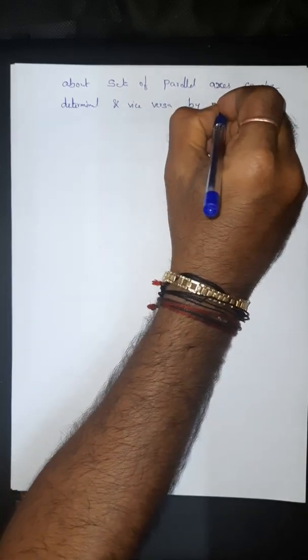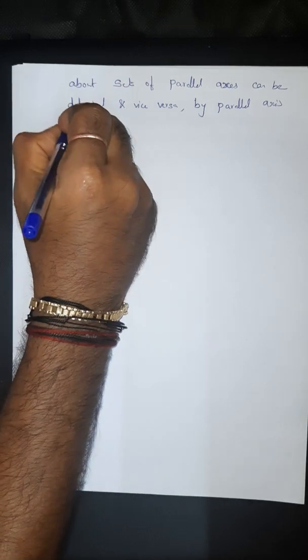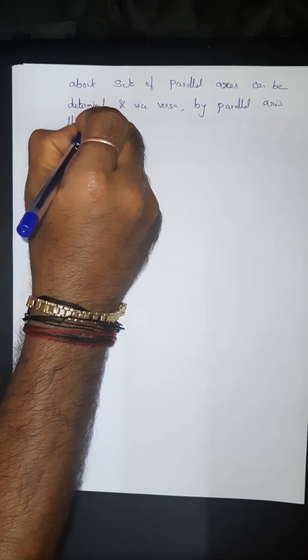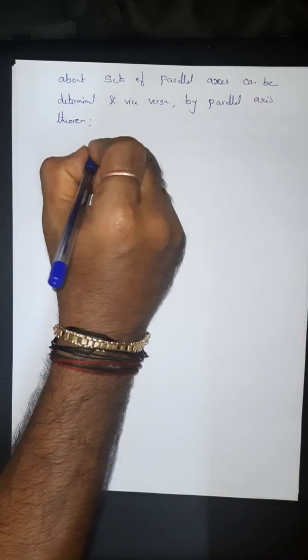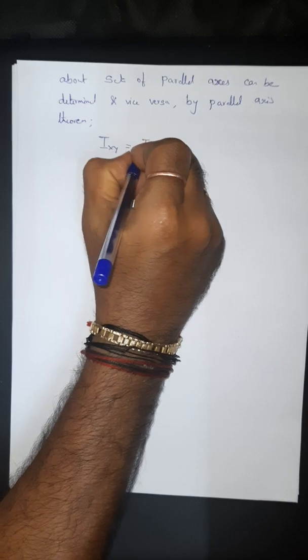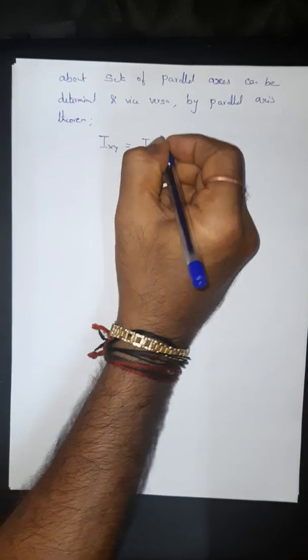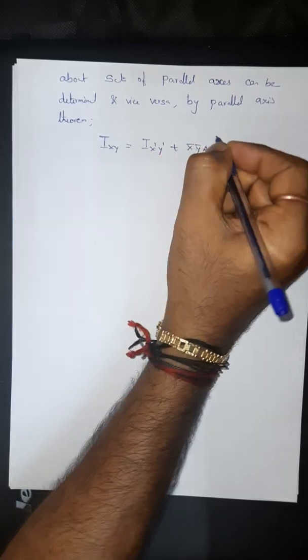By the parallel axis theorem, the product moment of inertia can be written as Ixy equal to Ix1y1 plus x bar y bar A.